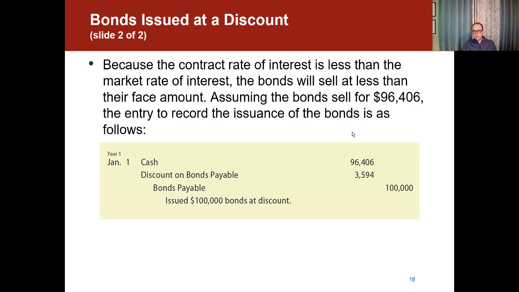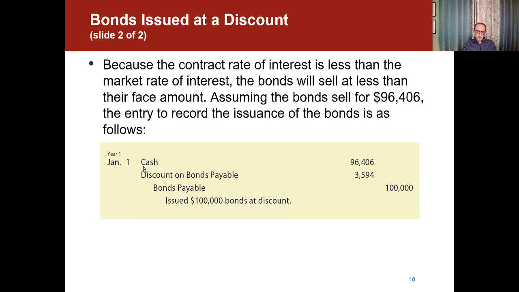Assuming the bond sells for $96,406, and this would be given to us, the entry to record the issuance of the bond would be as follows. So we're going to debit the cash based on how much we were able to sell the bond for. And again, we're recording the journal entry here from the perspective of the company issuing the bond, not from the perspective of the investor.